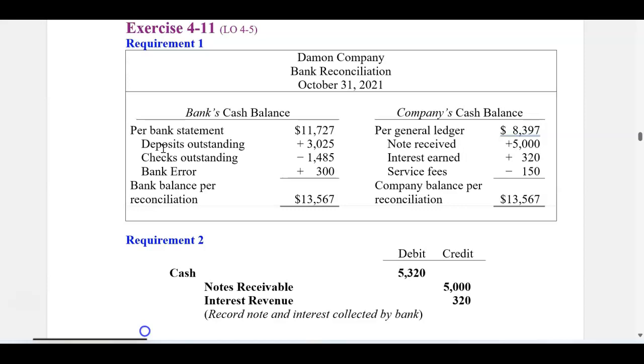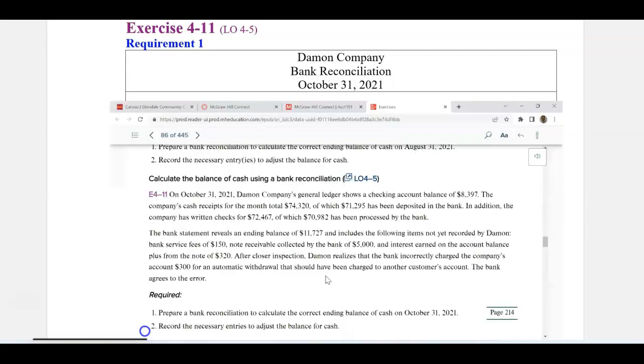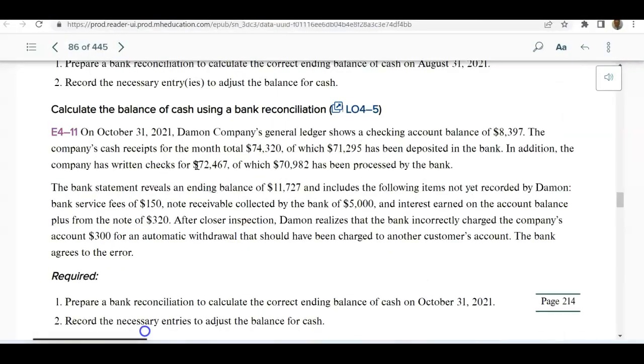Okay, what do you add? You have a deposit outstanding of $3,025. Deposit outstanding $3,025 is coming from here. The company cash receipts for the month total $74,320, of which $71,295 has been deposited in the bank.